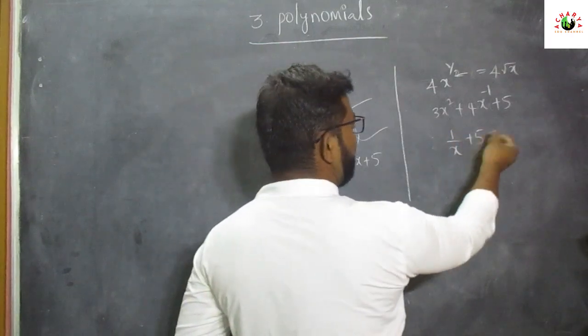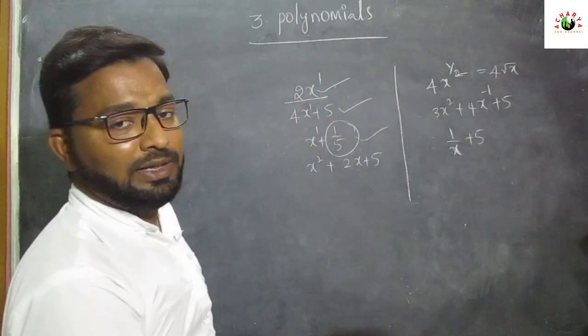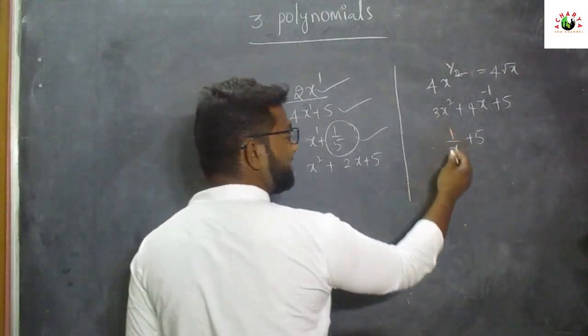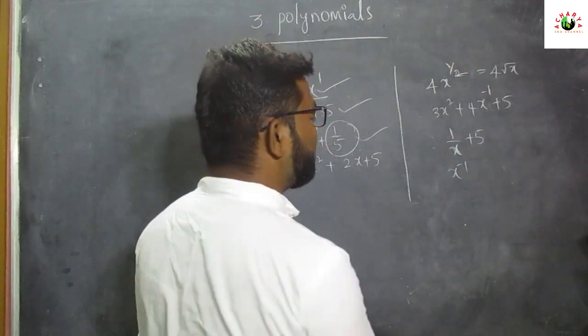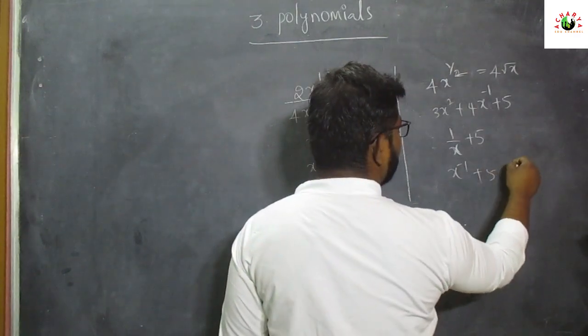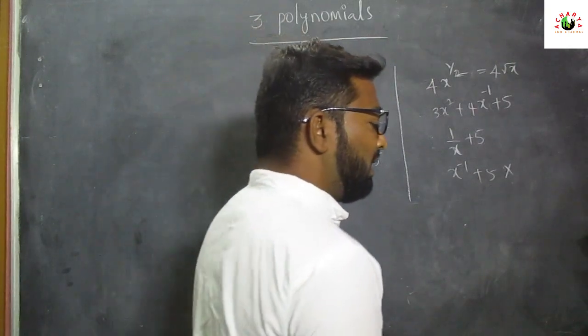And 1 by x plus 5: here the variable is in the denominator. It means x power minus 1 plus 5, since 1 by x means x power minus 1. So this one is also not a polynomial. Now what is meant by a polynomial?